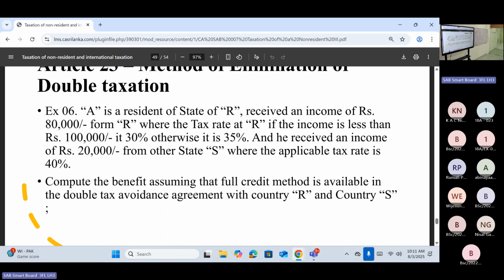The bank deducts 5%, so I pay 5,000 as advance income tax at the time of getting that income from the bank. I have to consider that income in my tax calculation, and I can claim the tax credit.